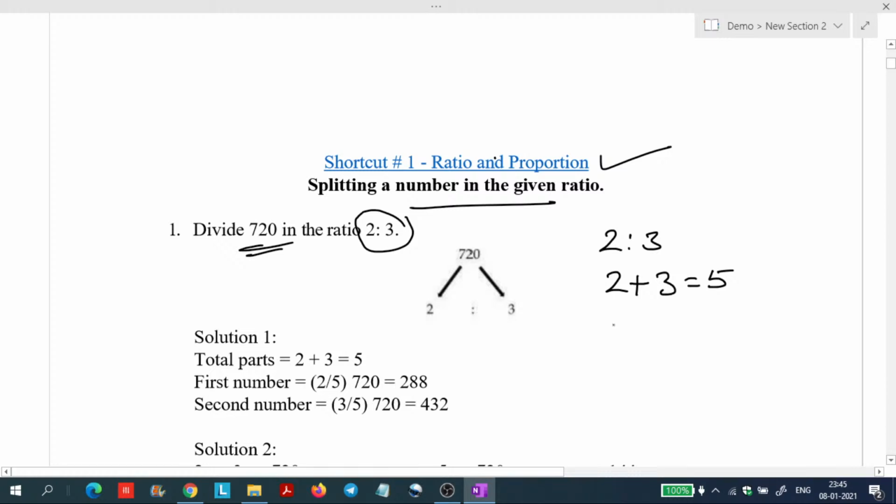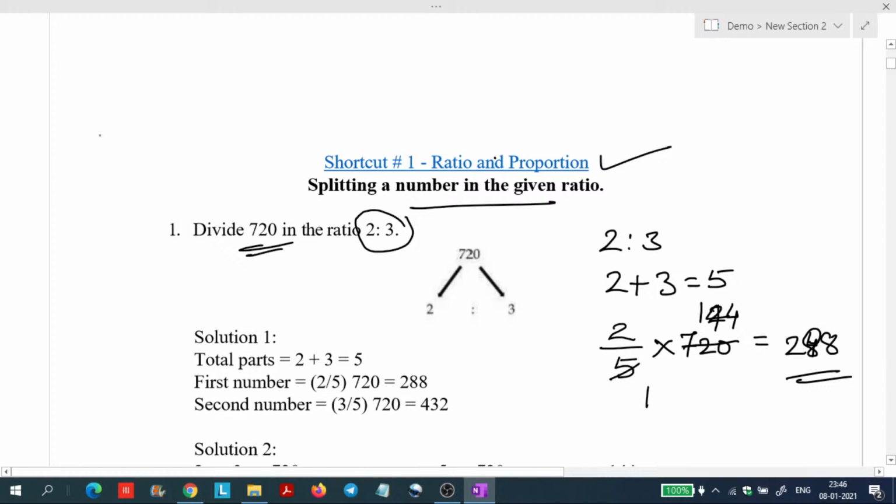So you can do it this way: 2 by 5 into 720. 5 ones are 5, 5 twos are 10, 5 fours are 20. So it will come 144, and it's 288.